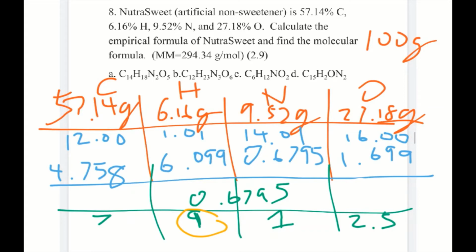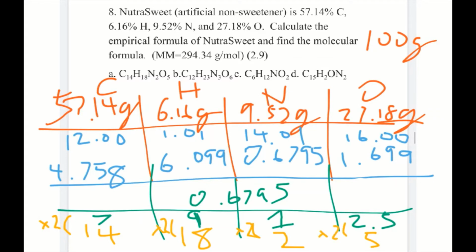So this is your ratios, and notice how we can't have decimal ratios, so we have to make them all whole numbers. So let's scale it up. 7 becomes 14, 9 becomes 18, 1 becomes 2, and 2.5 becomes 5. So I scaled everything up by 2 for each of them, and notice how the 2.5 becomes a whole number.